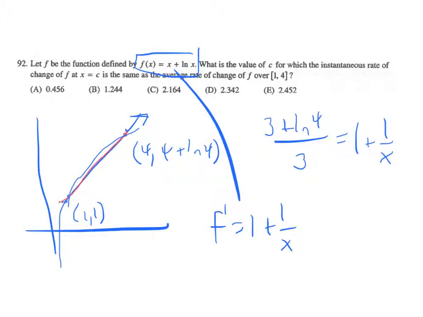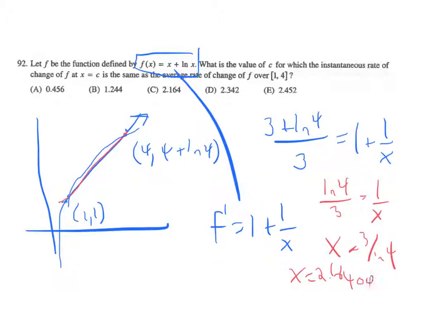If we solve this, we subtract 1 from both sides. That's going to give us the natural log of 4 over 3 equals 1 over x. So x must be 3 over the natural log of 4, which is equal to 2.616404. But we don't need to go that far because there's our answer. 92 is C. So it is a mean value theorem problem.